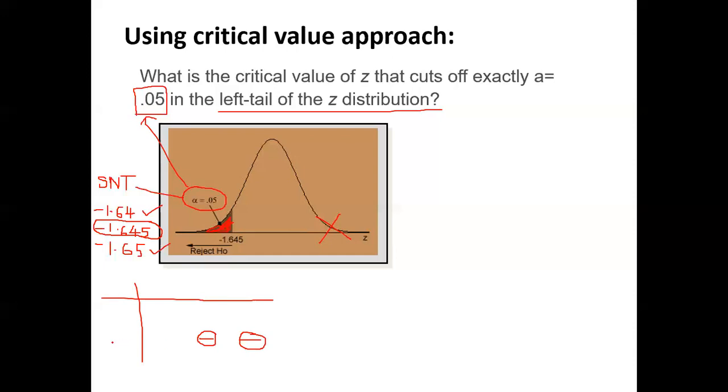This is negative 1.6, this is 4, and this one is 5. So alpha 0.05 here is in between here. So it is negative 1.645.